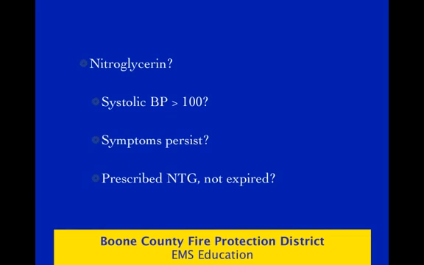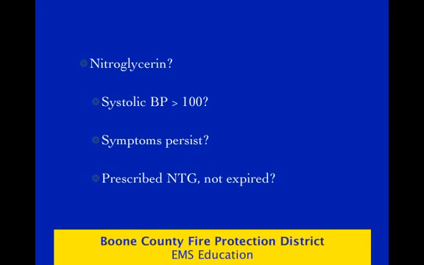Also, nitroglycerin can become an option, and for us as EMTs, if he has nitroglycerin prescribed for him and it has not expired and he's still having cardiac chest pain symptoms, and his systolic blood pressure is greater than 100, then we're able to give him one of his own nitroglycerins in an attempt to increase the supply by dilating those coronary arteries some and decrease the demand by reducing the amount of blood flow coming back to his heart.